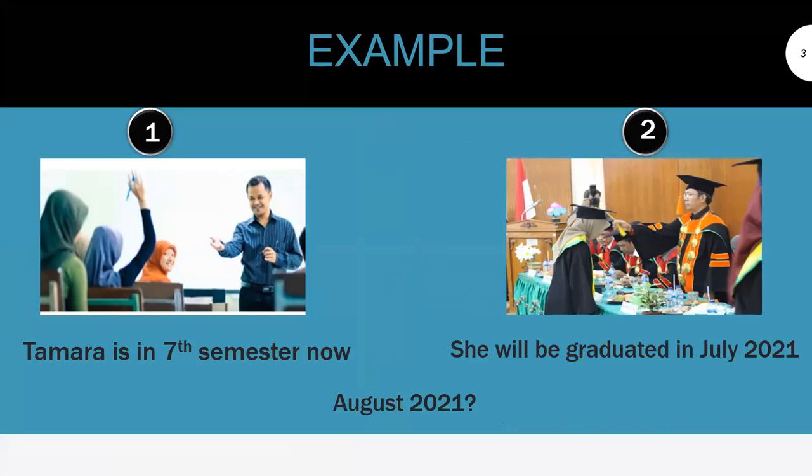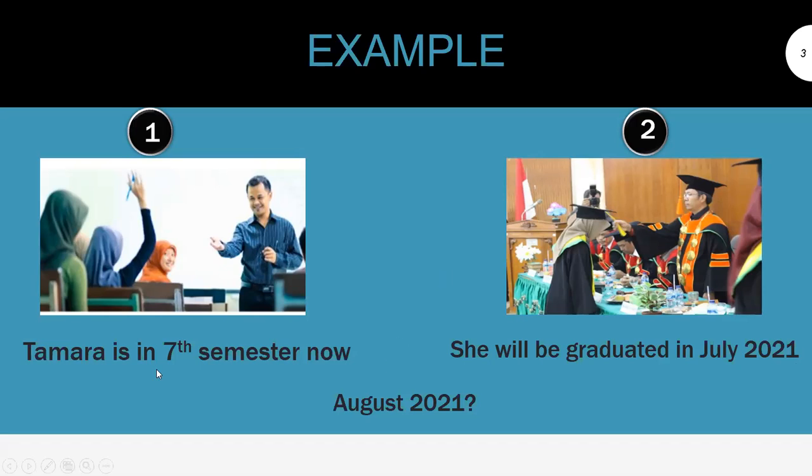She will be graduated in July 2021. So we are talking about the thing that will have been completed by that time. Apa yang sudah akan terjadi pada saat itu? Yes, just making a prediction.